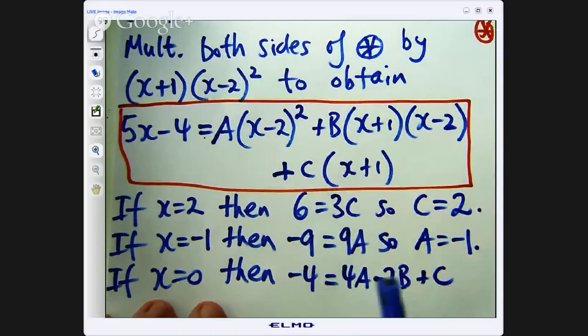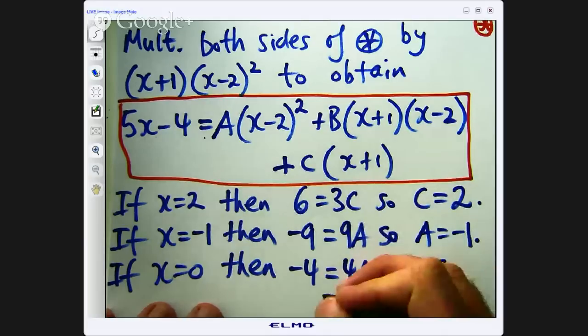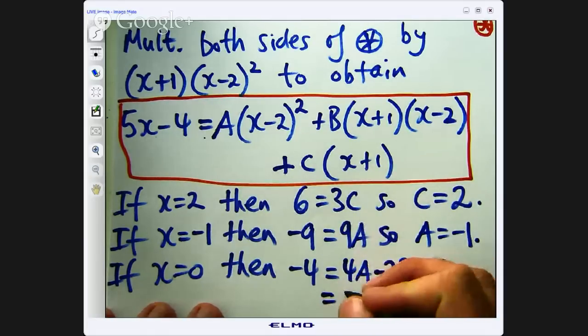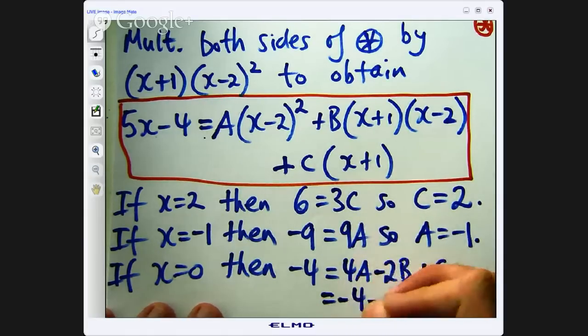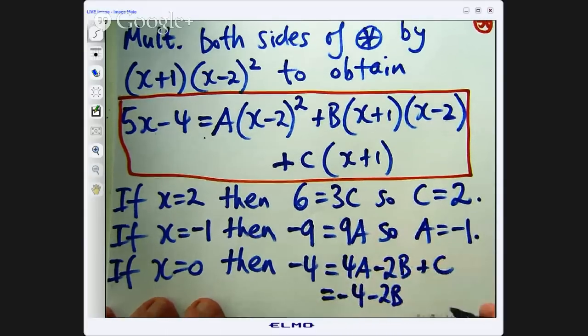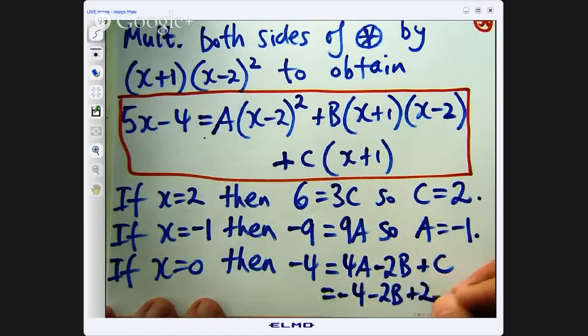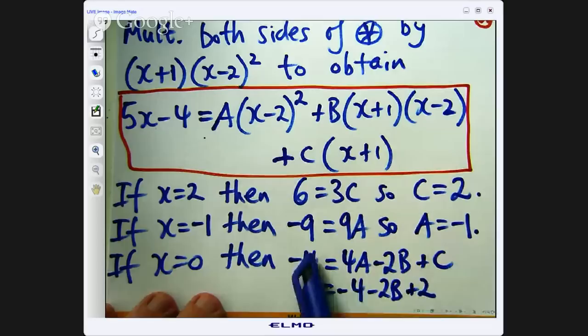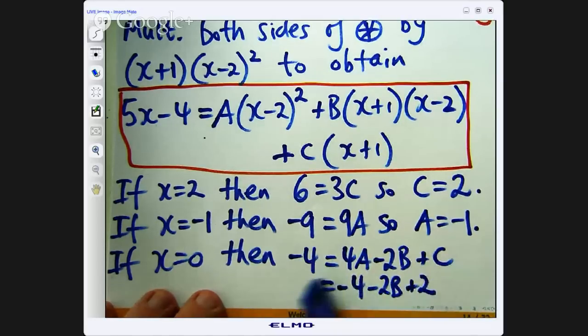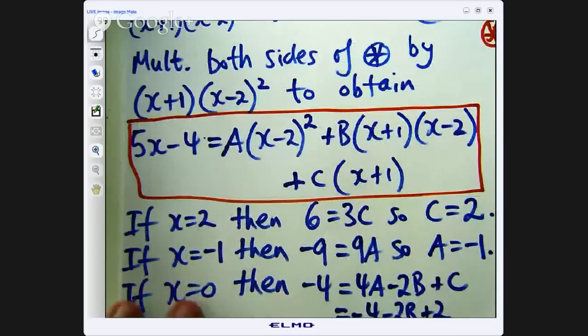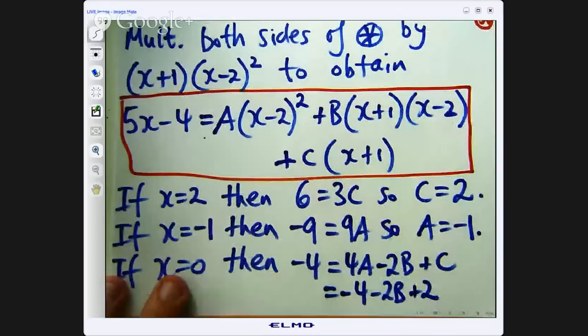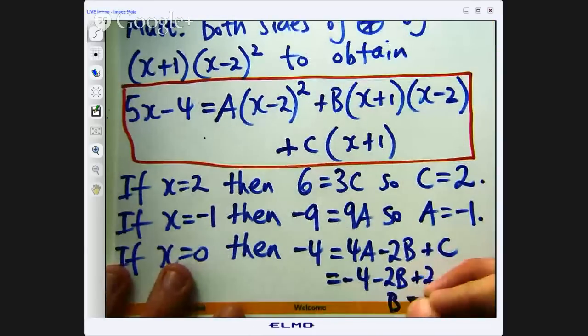Now we know what c and a are. So I'll replace c with 2, and replace a with negative 1. So what we're trying to do here is get b. All right, so if I rearrange this, the negative 4s cancel. Take that to the other side. I'll get something like 2b equals 2. So let me see if I can squeeze it in. b equals 1.